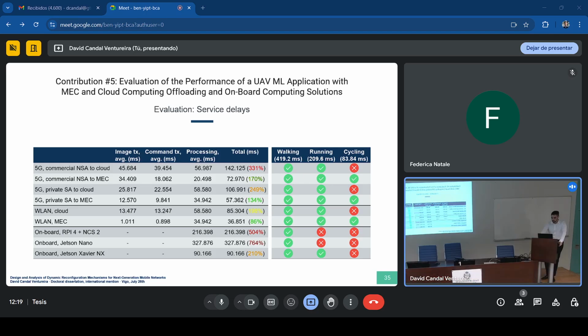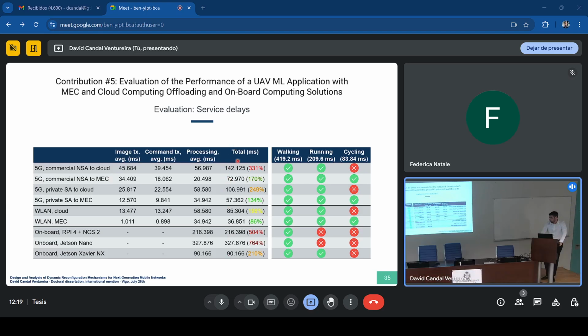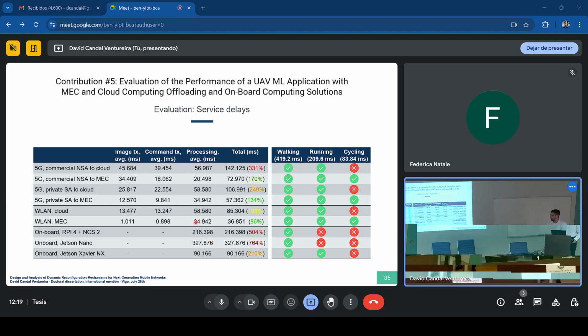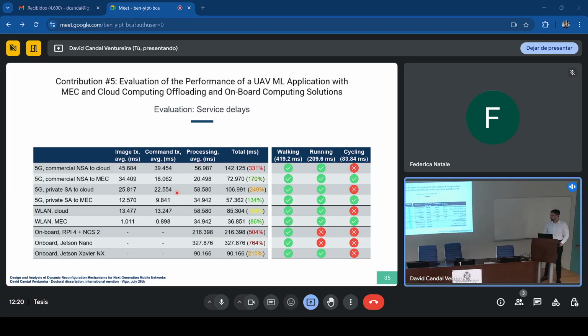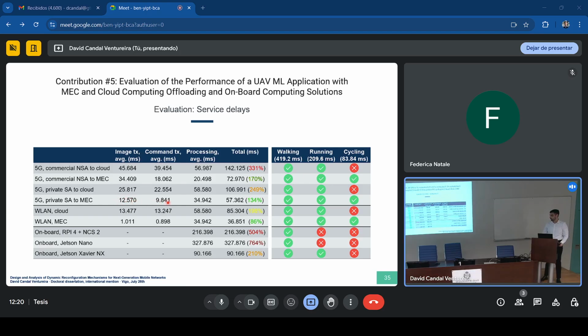And this column here shows the total delay, but also compares with a value that I estimated by assuming the setup that delivered the lowest transmission delay in a 5G network, which was our private network with edge computing.